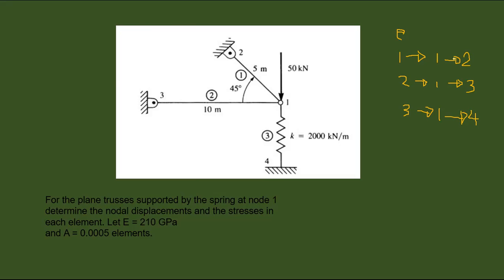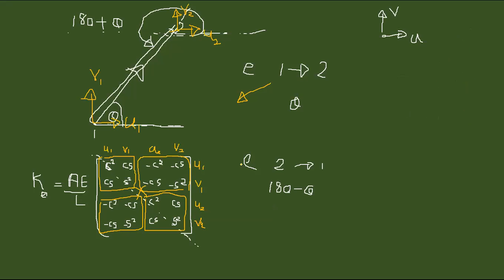If it is 1 to 2, the angle would be this angle, right? Check the direction: 1 to 2, the direction is like this. With the x-axis, it makes around 135 degrees. That is theta. So this C is cos theta and S is sin theta.